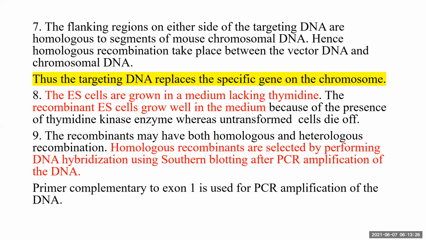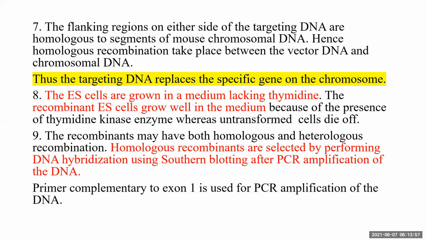We take the mouse DNA from the gene library, cut the exon at 5' and insert the targeting, non-functional gene with a marker gene like the thymidine kinase gene. Now this cloned DNA, the targeting DNA, is inserted inside the embryonic stem cells, where this non-functional DNA is going to replace a functional gene present in the chromosome of the embryonic stem cell.